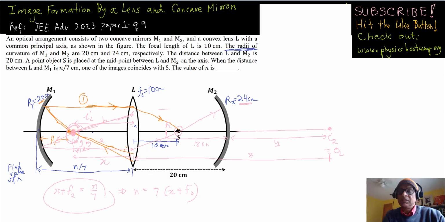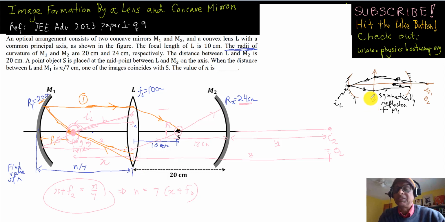All right, so another way is, I've drawn it out here. This is where the image of the lens 2 is forming, I mean mirror 2 is forming, and that will be the object. And if the image of the lens forms right at this point in mirror 1, then this will trace back to the original object.